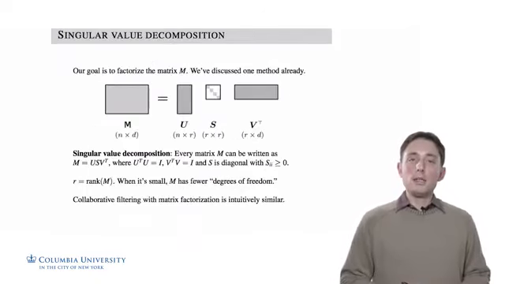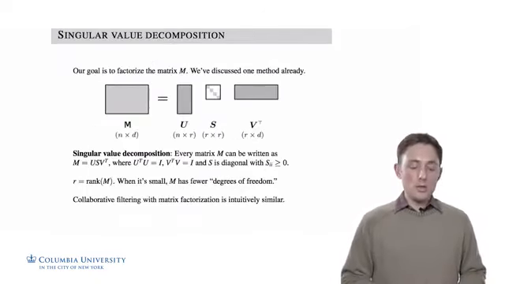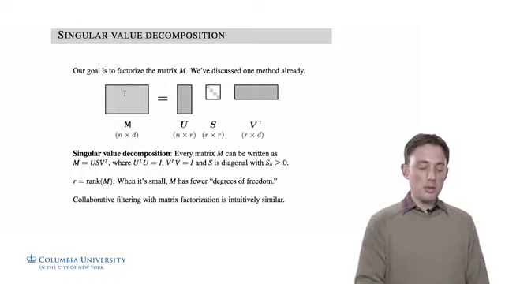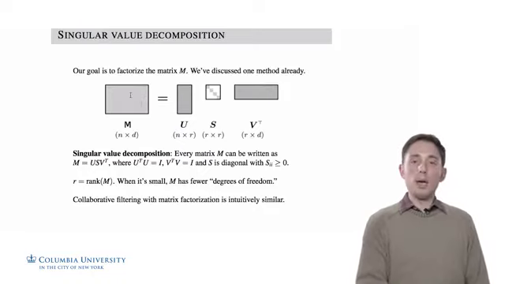We've already seen an example of a matrix factorization before. We didn't go into too much depth about it, but we discussed the singular value decomposition. There we saw that any matrix M could be decomposed into a product of three matrices. So in that case, the matrix M had no missing values in it. It was n by d.